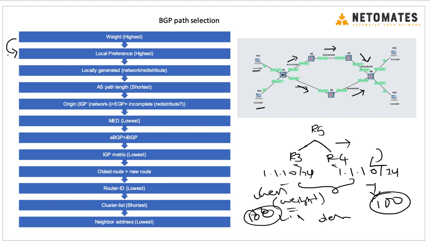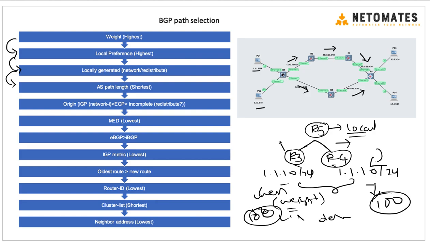Then it will check whether the route is locally originated or not. In this case, both routes are coming from eBGP, so they are not locally originated on R5. They are coming from two different peers, so this is also not a tiebreaker. Then it will check AS path length.